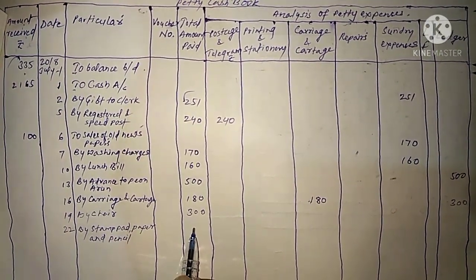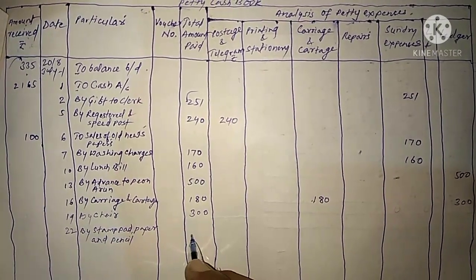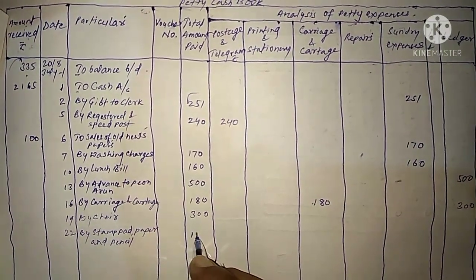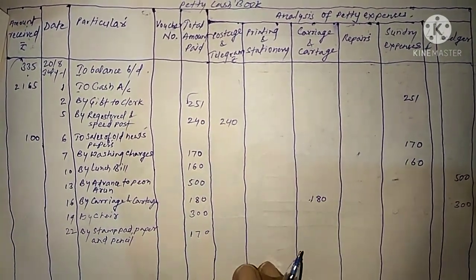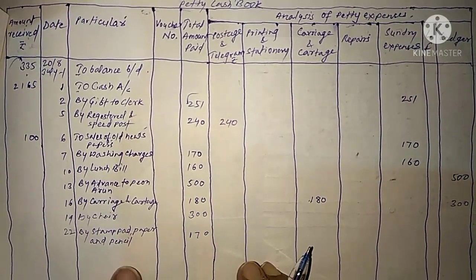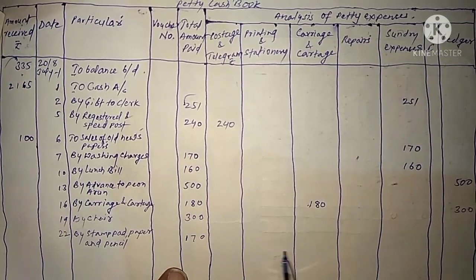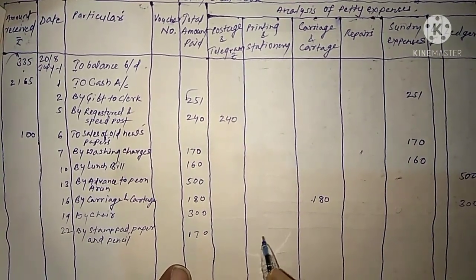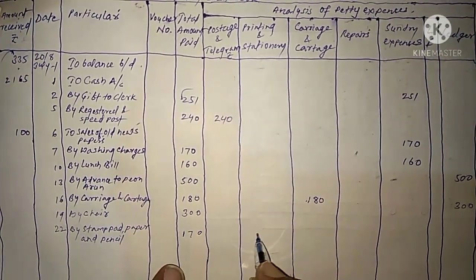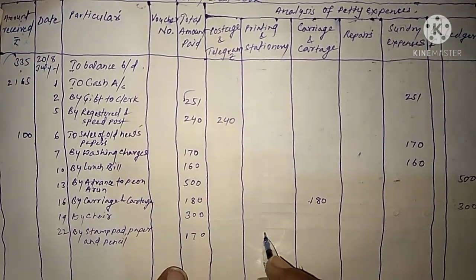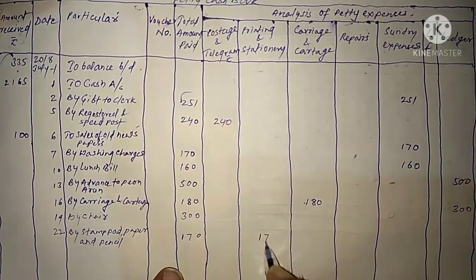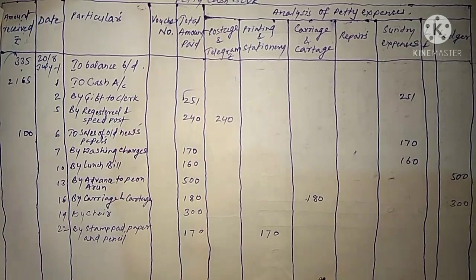Amount is 170. So in total amount paid we have to write 170, and this will go to the printing and stationery accounting head. We have to transfer in the printing and stationery 170.